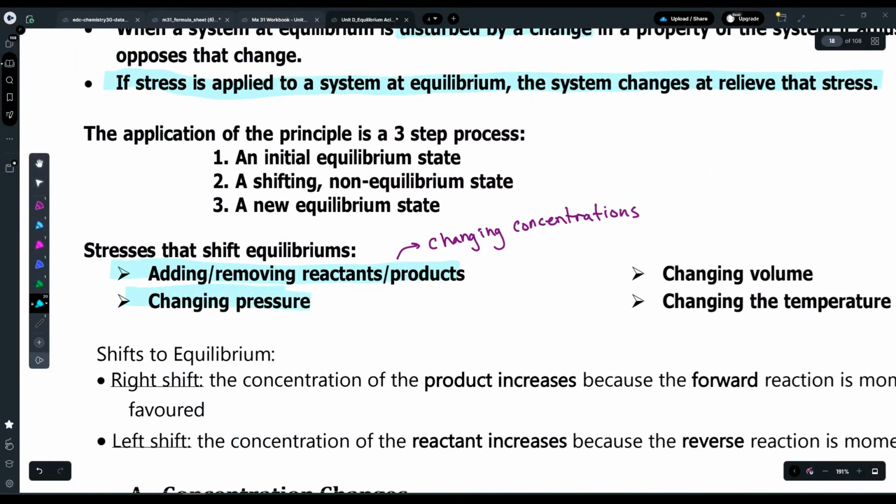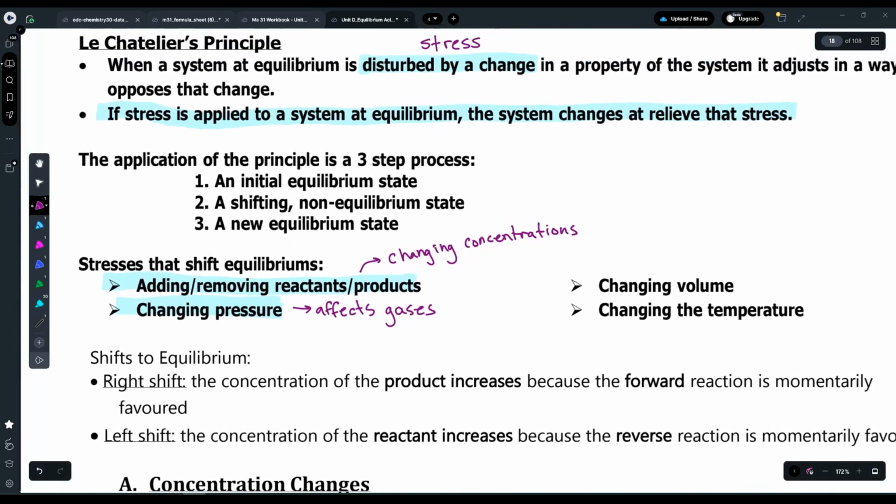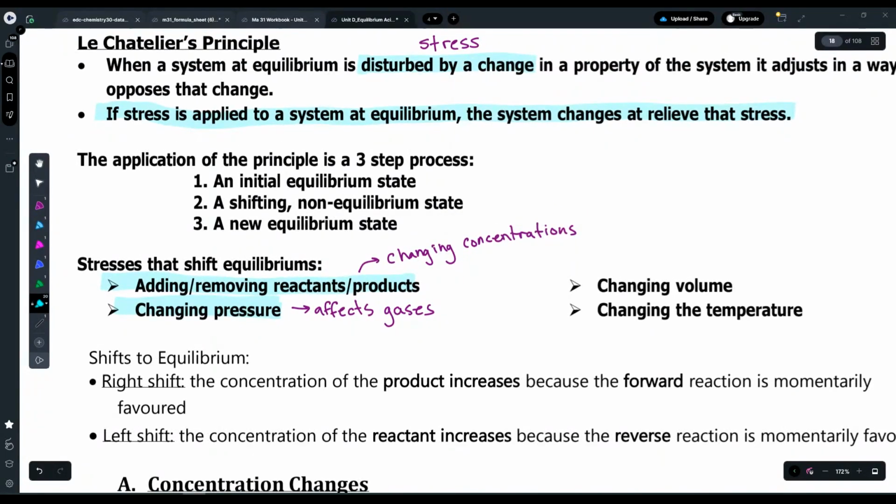You can change pressure, which is only going to affect gases. Another stress would be changing the volume and changing the temperature. And let's add that changing volume also affects gases.